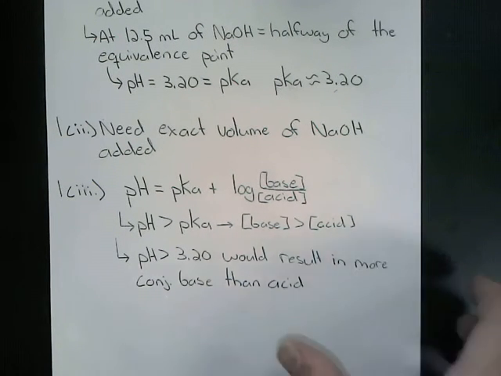All right, so I'm going to change papers here, and we're going to go over this problem. It says, in another experiment, our student titrated 50 milliliters of 0.1 molar acetic acid with 0.1 molar NaOH. Calculate the pH of the solution at its equivalence point. So I'm going to grab another sheet of paper, and we're going to go through this process.